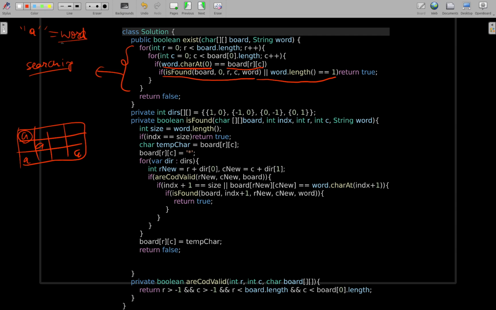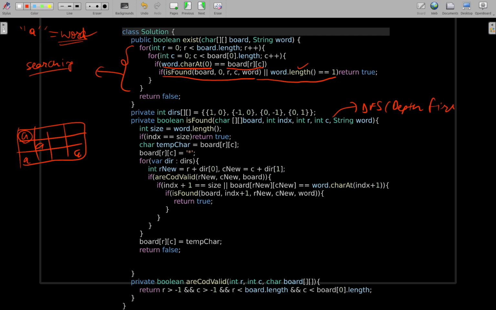So if that's the case, then you can return true, and if that's not the case, then you should be trying to do this depth first search. This is essentially depth first search, and those of you who are new to DFS, I will try to provide a link of an article describing what depth first search is.